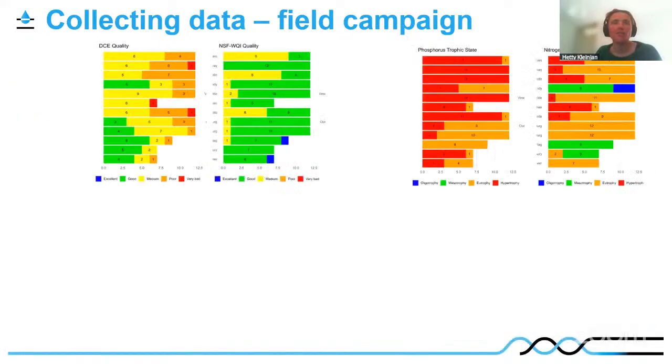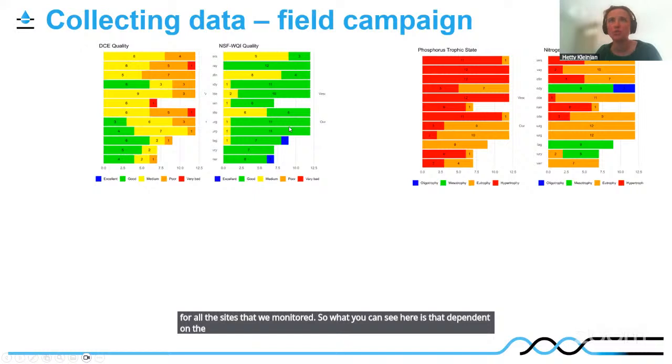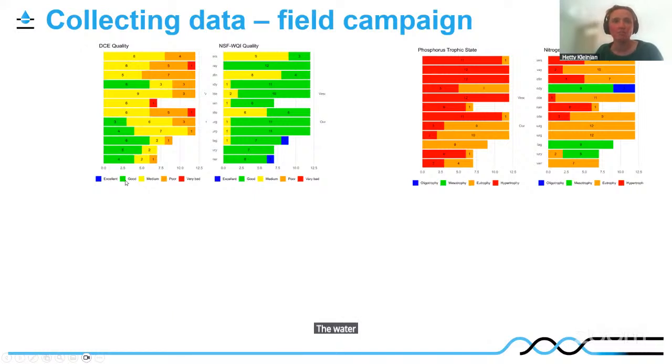And from that, this is how the water quality indices look for all the sites that we monitored. What you can see here is that, depending on the quality index that you choose, the water does appear to have very different quality.